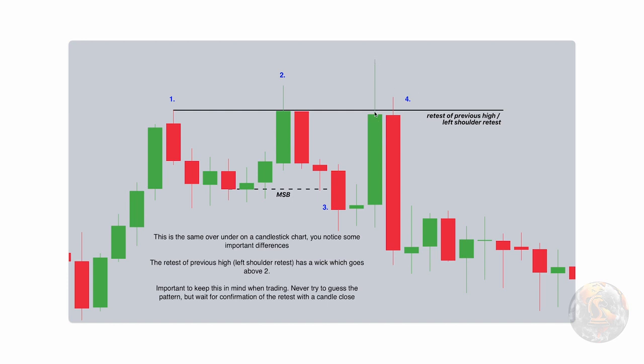But there was also a long wick here. Important. Never, ever try to guess the pattern. You must wait for confirmation of the retest with a candle close. So if you exercise patience and simply waited for this candle to close, you would have seen that it was totally valid. The candle close was below the original high, and you could have entered easily there and had your valid over-under pattern.